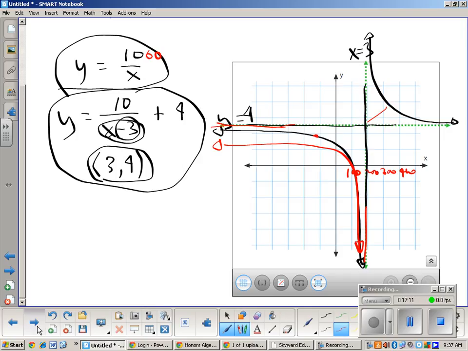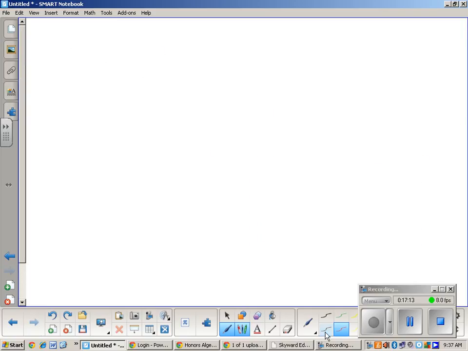Let me put one more up here. What if I have y equals 3 over x plus 1? Would it be negative 1, 0? What you're asking me is whether this is the new origin, right?